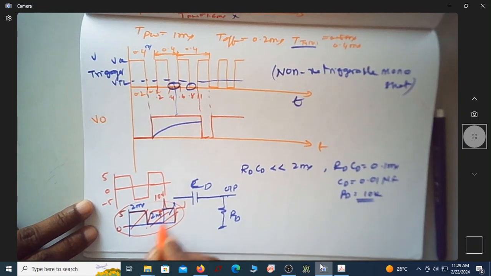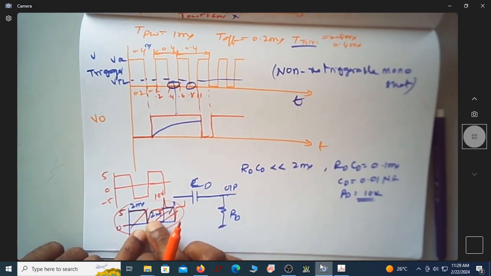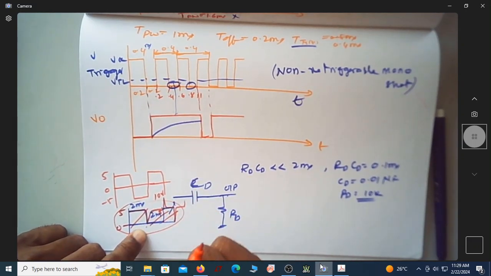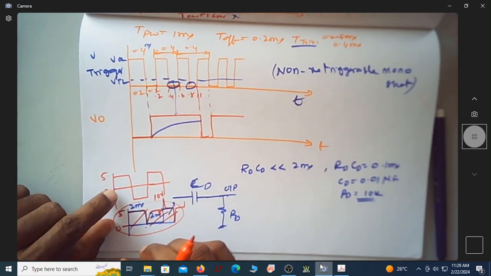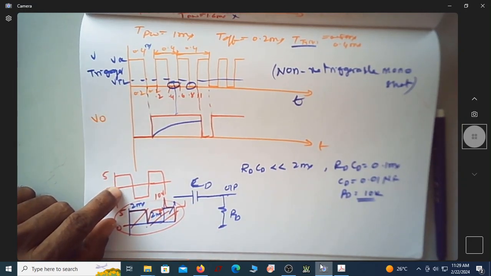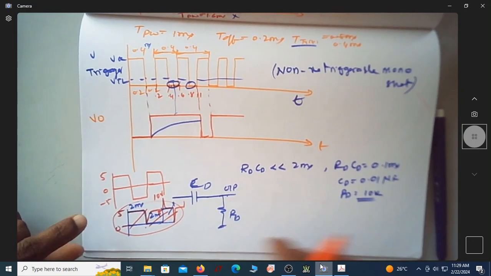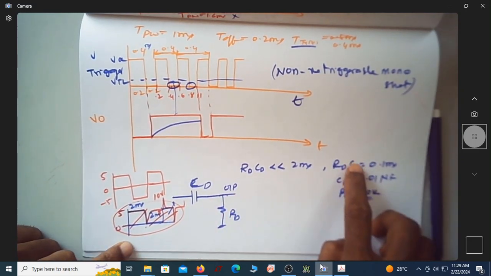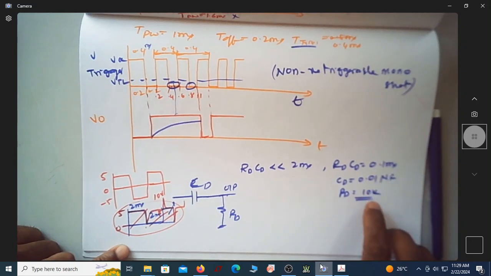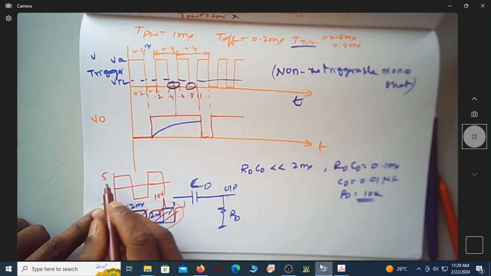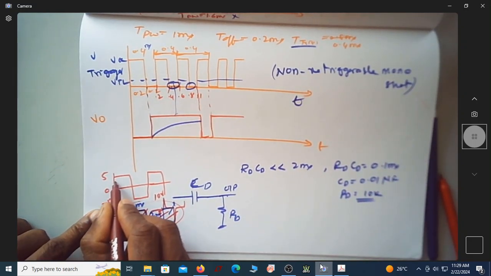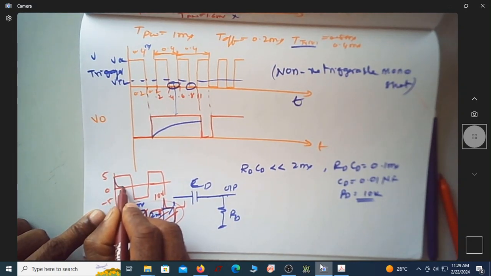This is an ideal waveform, because when you actually do it in the lab, you'll be applying a square wave. When I apply a square wave, with RD CD being 0.01 microfarad and 10K, what I'll get is this output, something like this.